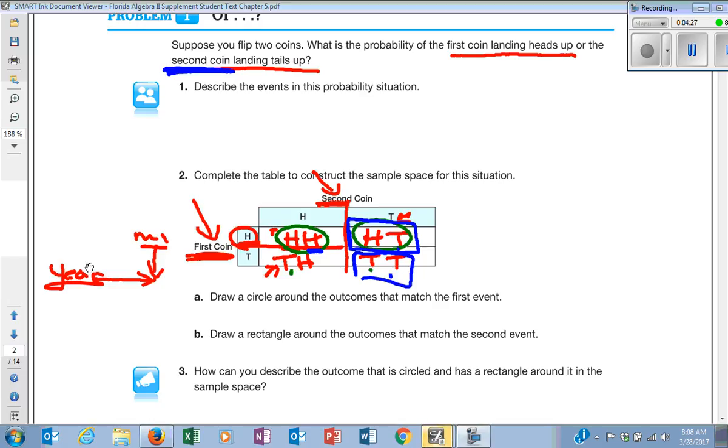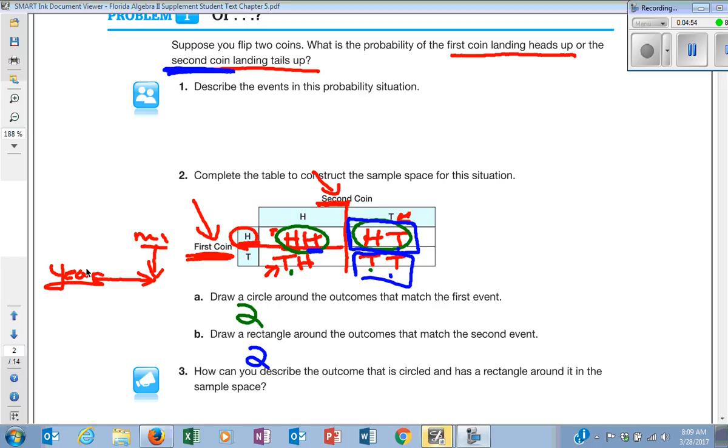Now, I already showed you a little bit of this yesterday. What happened here? We're trying to discover something. How many events are there that came true for the first one? 2. How many events are there true for the second one? 2.